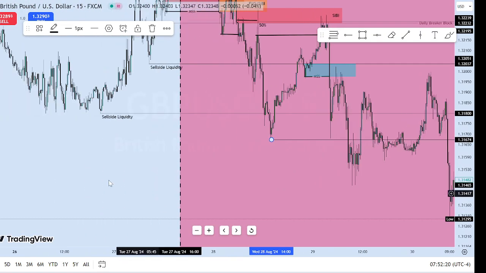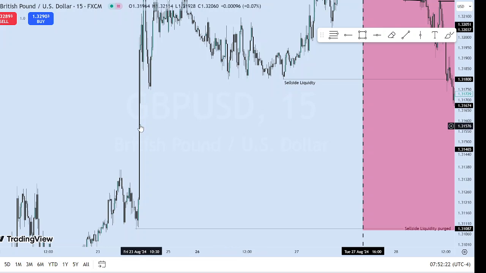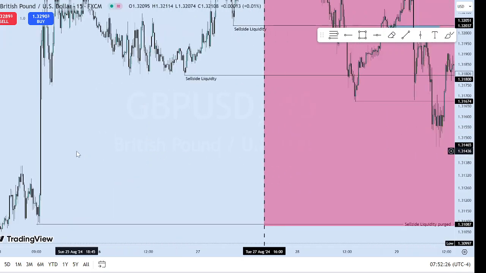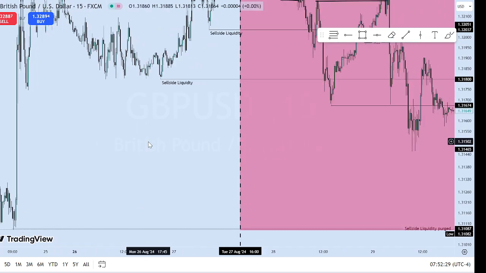Or you zoom and check. Here is a fair value gap. You see, that's where price traded to. Price is going down to seek liquidity resting below, or any inefficiency below price, since we are in sell side delivery.